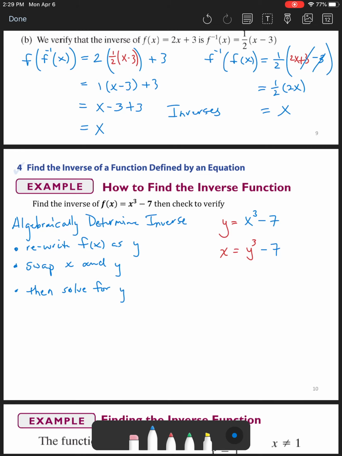Now, the final thing said to solve for y. So I'm going to get y by itself. I'm going to bring the 7 over. I have x plus 7 equals y cubed. Y is not solo yet, so I'm going to do a cube root. I do the same thing to both sides to maintain balance, maintain equality.